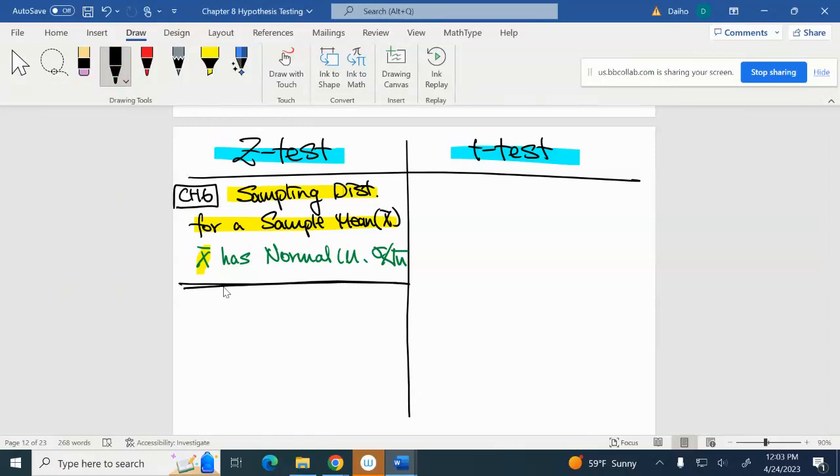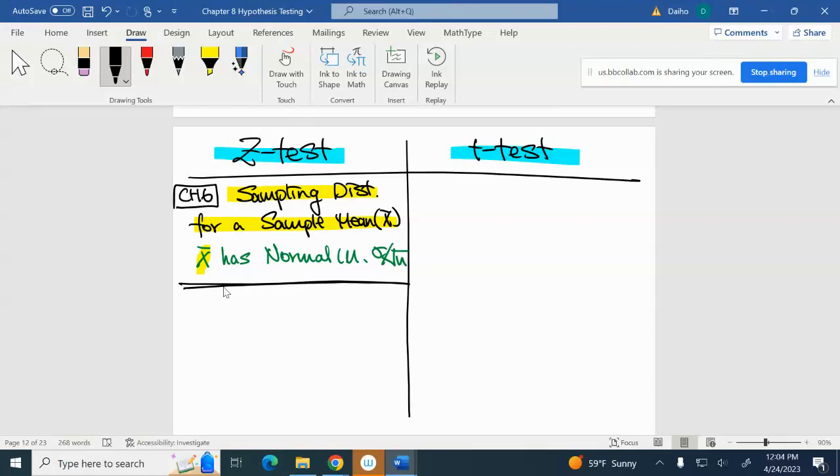Do you remember? In chapter 6, the sampling distribution for the sample mean was a normal distribution with the mean and standard deviation.